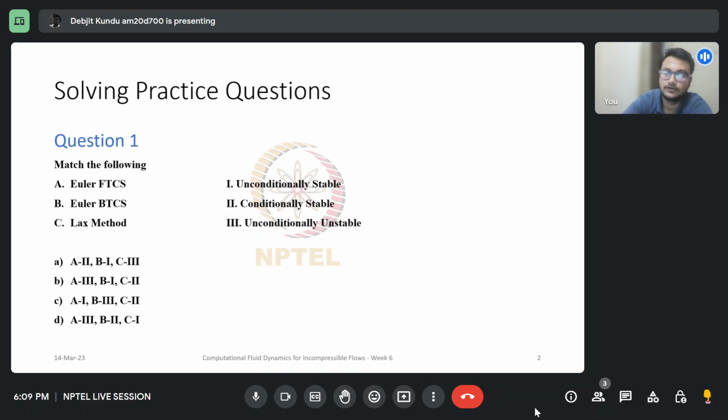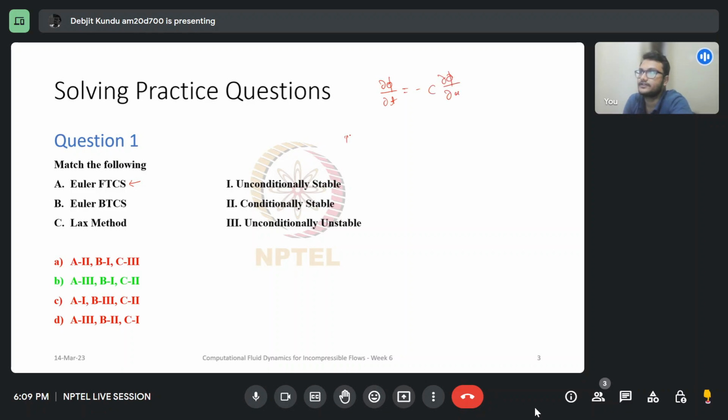So if we take a look at the solution, it is option B: A3, B1, C2. So Euler's FTCS scheme. Our model equation was dou phi dou t equal to minus c dou phi dou x.